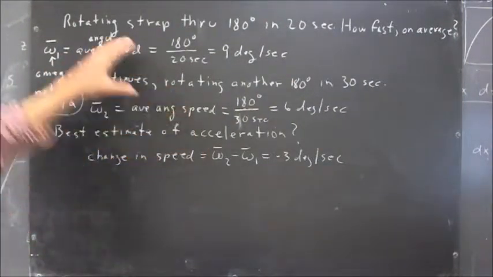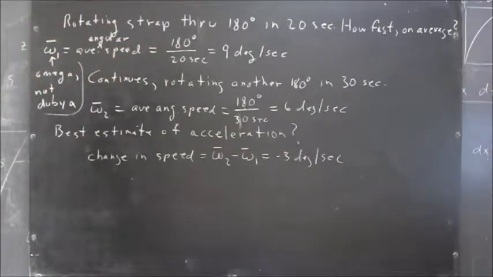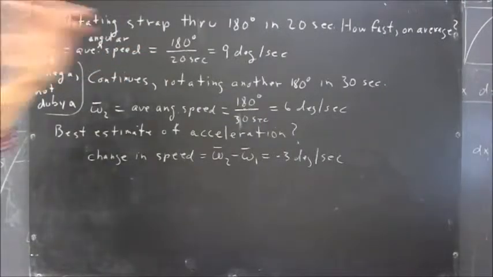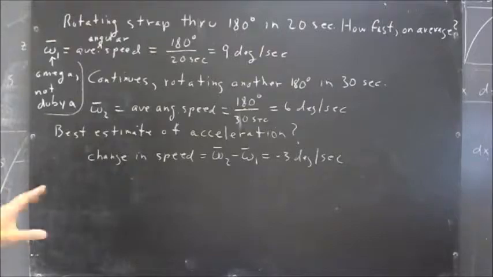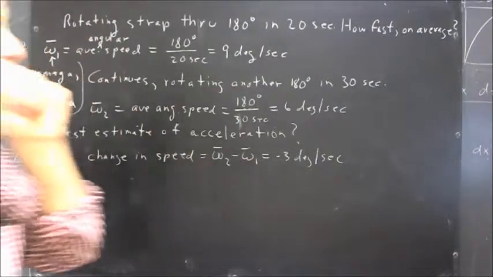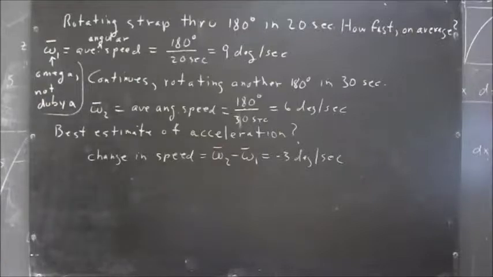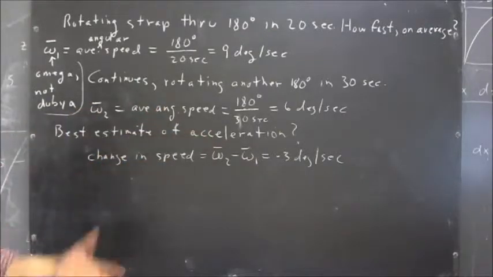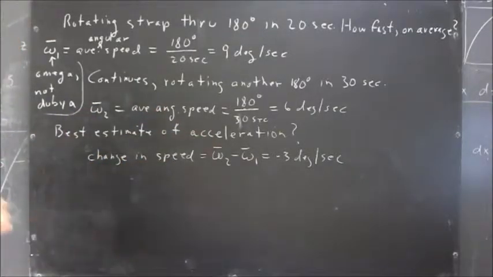Now that I got negatives in here, you could say, well, we should be talking about velocities and displacements and stuff. And you're absolutely right. We're just trying to get our feet wet here. We'll formalize this in a minute. Okay, but anyhow, we have a change in speed. Try to get an acceleration. Now, you might have already answered this question for yourself, but what would we use for the change in clock time?